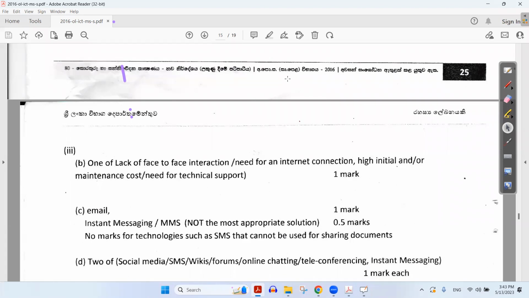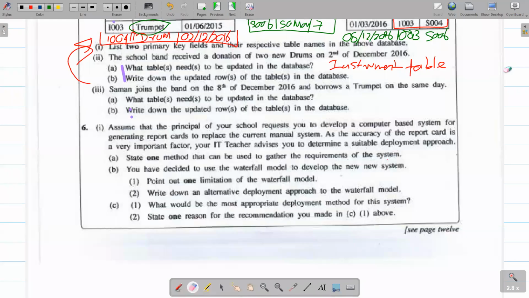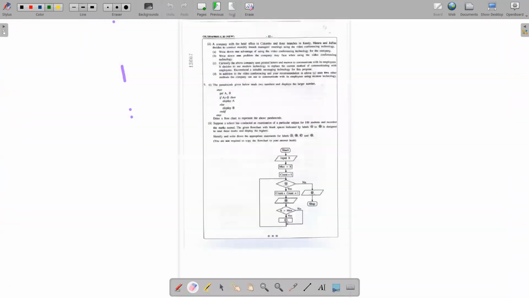Yes, we have done the reasoning. Okay, there is a second one.